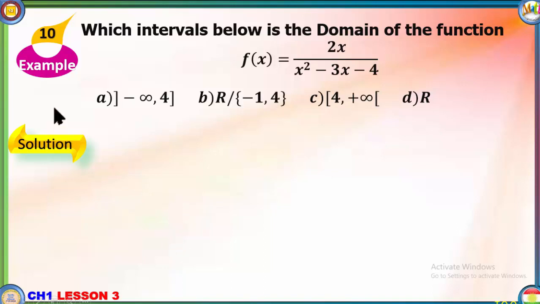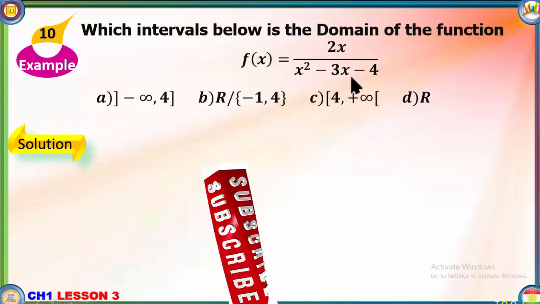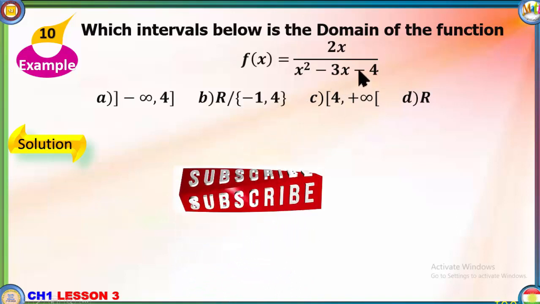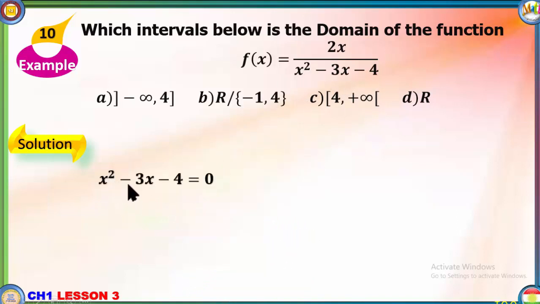Example number 10. Which interval below is the domain of the function f(x) = 2x over x squared minus 3x minus 4? First of all, take the denominator, x squared minus 3x minus 4 equal to 0, and factorize it. Then (x plus 1)(x minus 4), then x equals minus 1 or x equals 4.